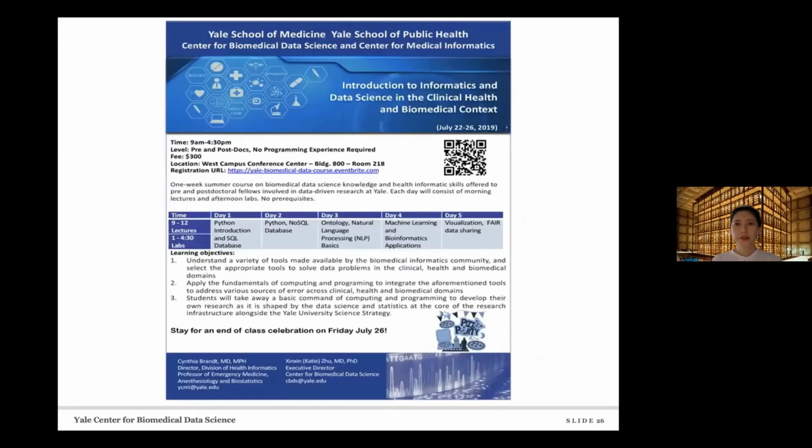As mentioned, there will be a short 1-week intense course for people who don't have enough biomedical background, to get those important concepts familiarized. We teach them how to use Python and SQL, particularly using examples from existing biomedical projects, and then visualization, data sharing, machine learning, always good examples, and natural language processing.